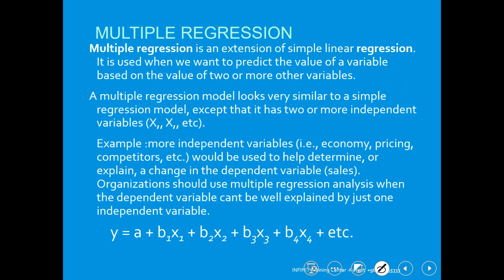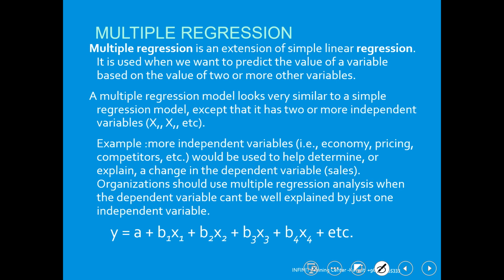Also, you can have multiple regression analysis. So we have said that there is a relationship between sales and advertisement. But are you sure the sales are only depending on advertisement? No, there will be other factors that are going to impact the sales. So what we have considered in the previous example is only one factor. That is not real always.